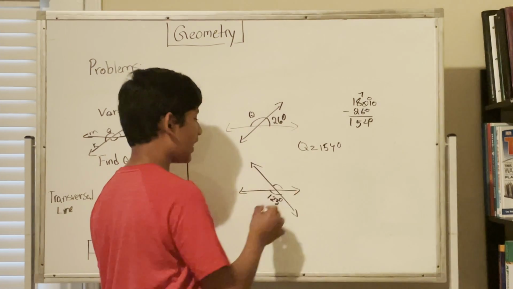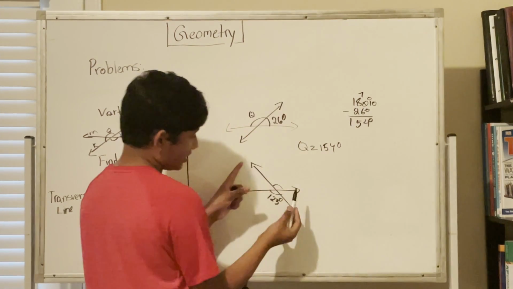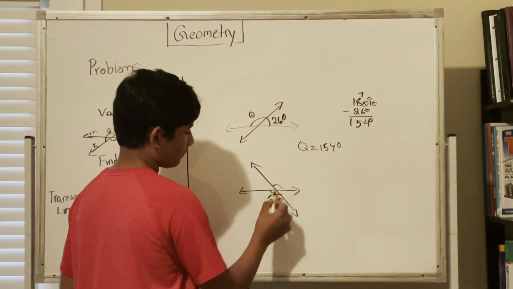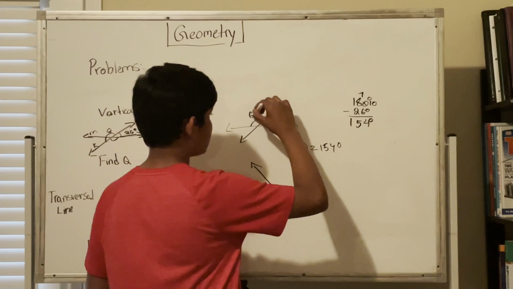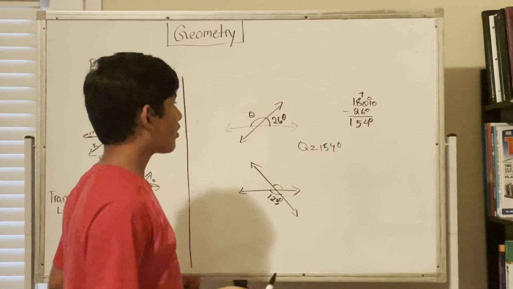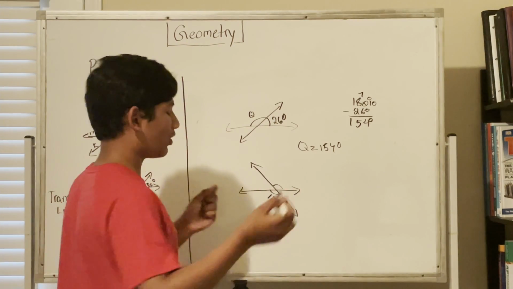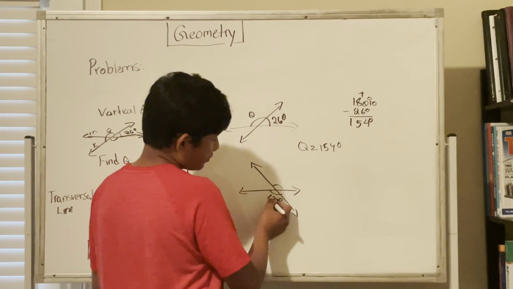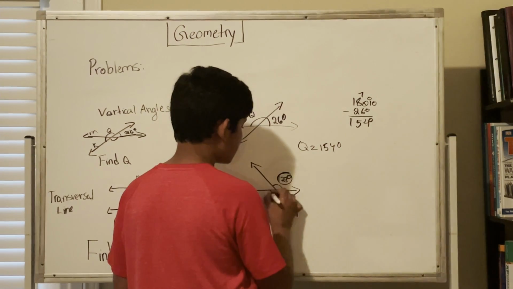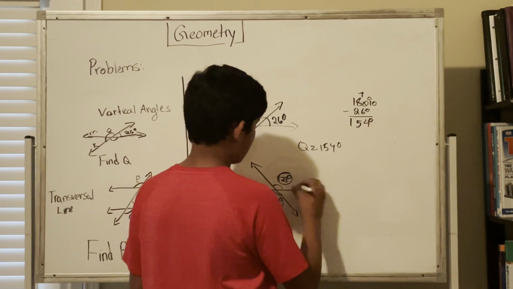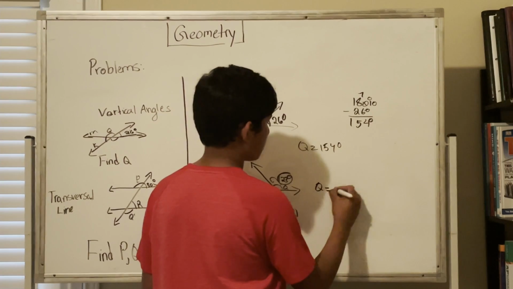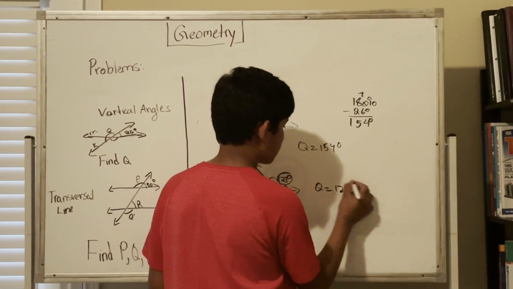Using our knowledge of vertical angles, we can see this is vertical in a sense, or if you have it more like this, it's diagonal. Right now this is vertical, and over here, it's diagonal. So sometimes it's vertical and sometimes diagonal, but if you just shift the diagram a little bit, you can see it's either. So this is going to equal 123 degrees, using our knowledge of vertical angles. If we call this Q, Q is equal to 123 degrees.